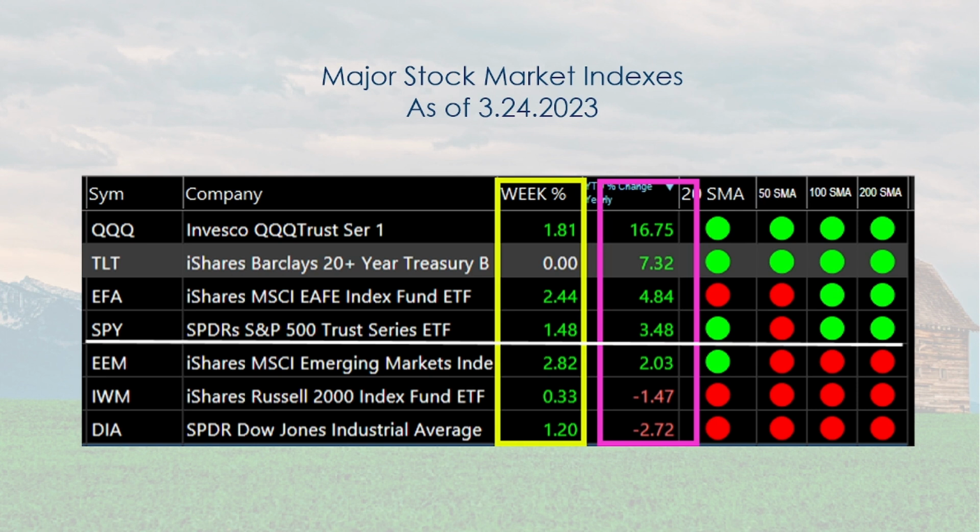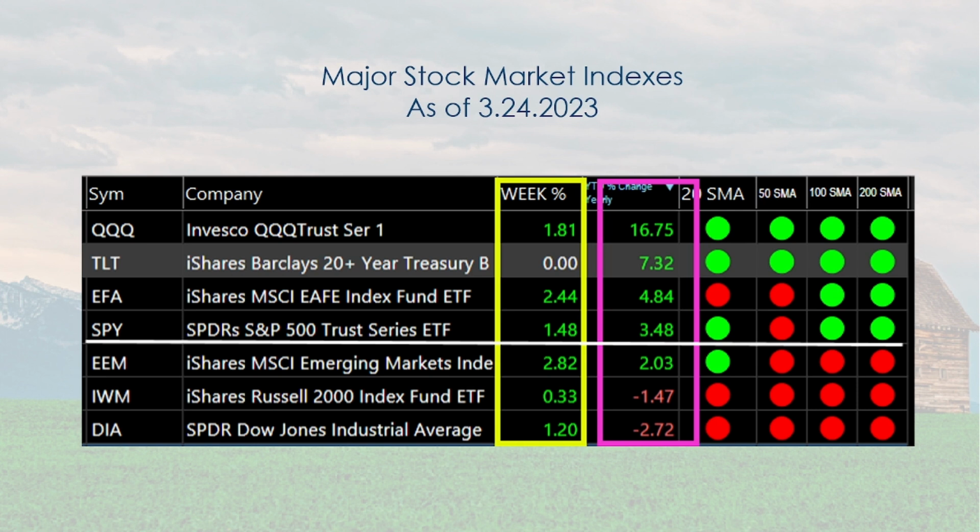This is sorted, on the pink box, from the strongest, the highest gain, to the weakest at the bottom. So at the very top, the NASDAQ 100, the long-term government bond index, and so forth, and foreign markets and S&P.